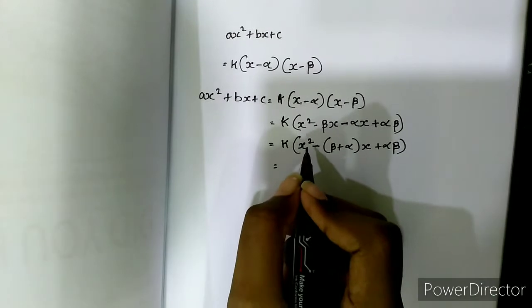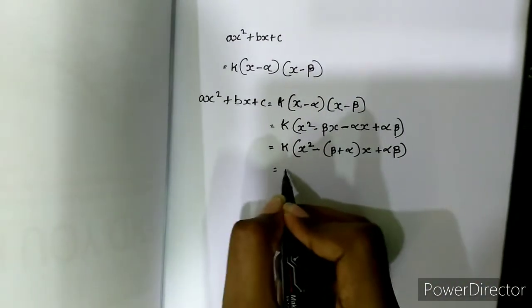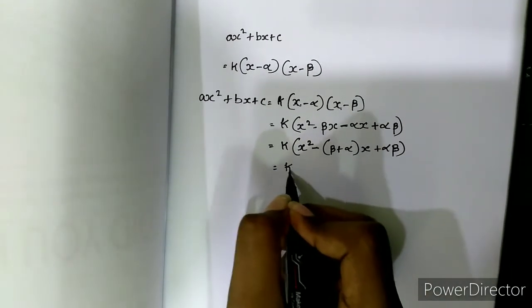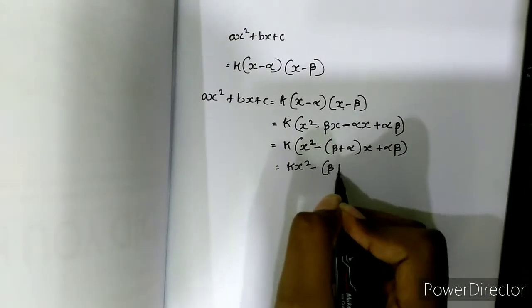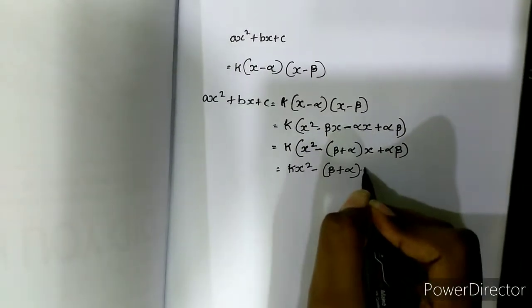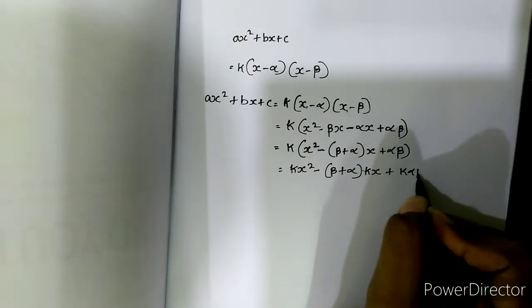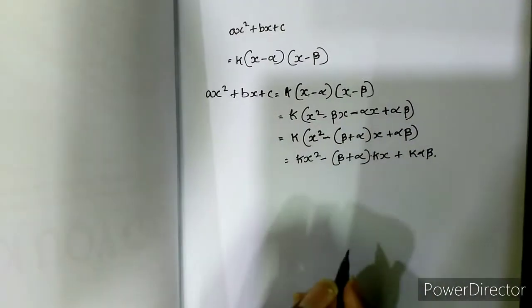Now next step. We need to multiply this total with k. It's very easy. K into x square, kx square, minus beta plus alpha of kx, plus k alpha beta. We have multiplied with k.